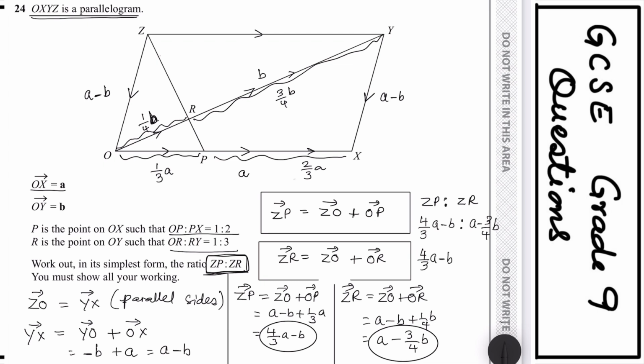That's why we take the first one as it is, but the second one we take 3/4 as a common factor, and that will give us 4/3 of A minus B. So now cancel 4/3 of A minus B both sides. The ratio will become 1 to 3/4, and it is simplified to 4 to 3. So the ratio of ZP to ZR is 4 to 3, which is our final answer.